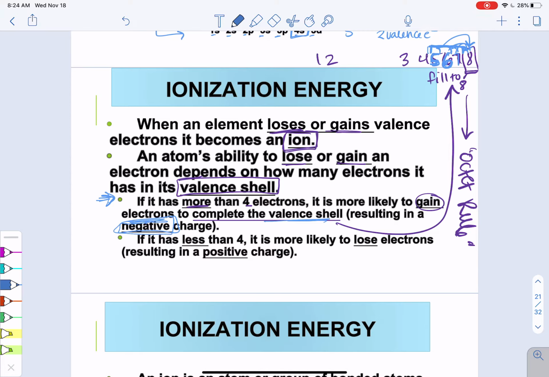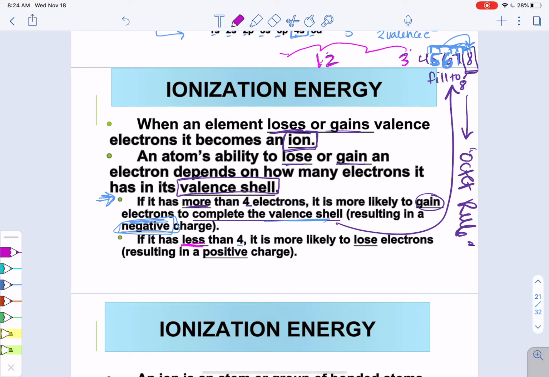If it has less than 4, then they are likely to lose the electrons. So less than 4 is like the 1, the 2, the 3. So instead of gaining 1, 2, 3, 4, 5 electrons to get to 8, okay, it won't do all that. It will just lose all 3. So it will go backwards to get to the previous 8.